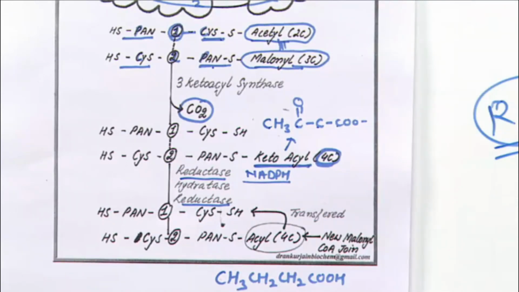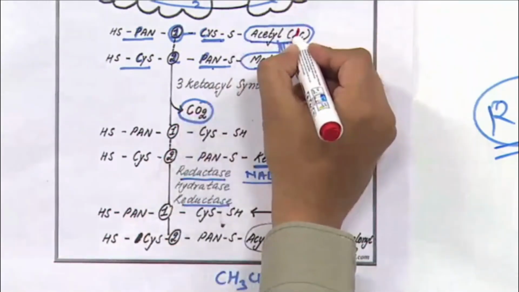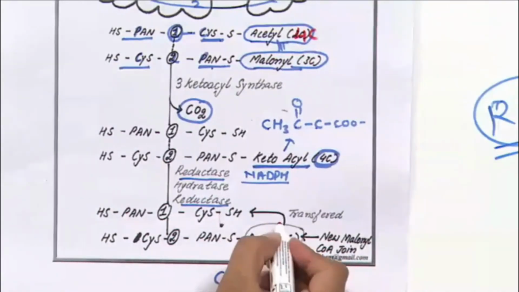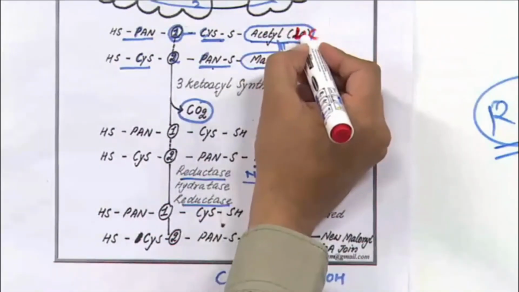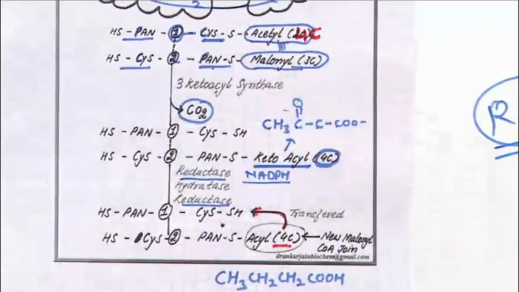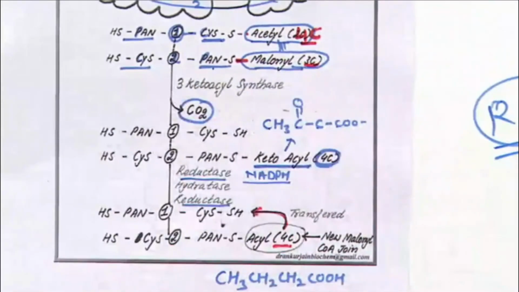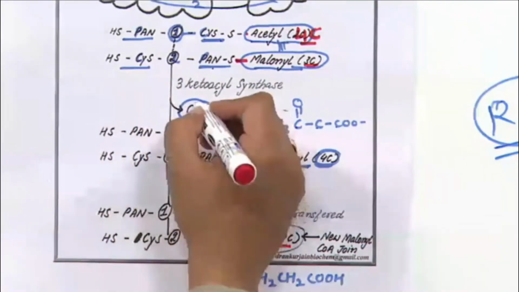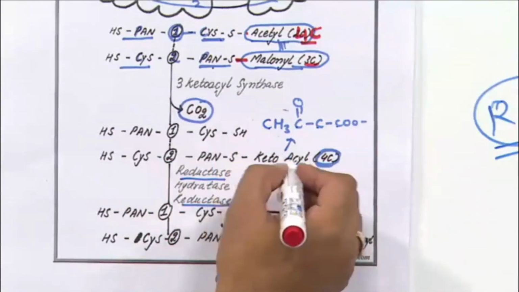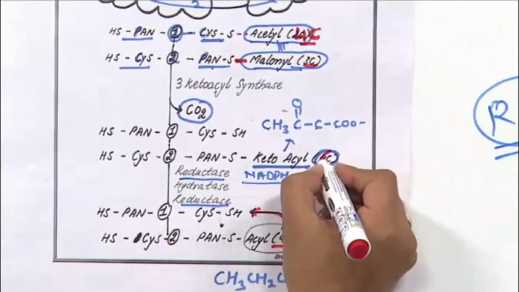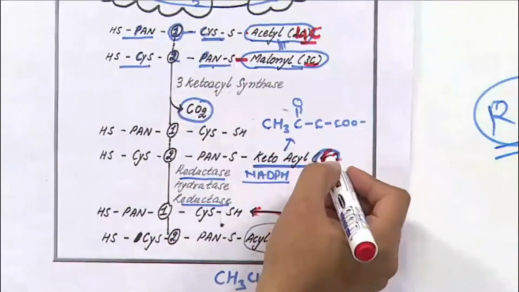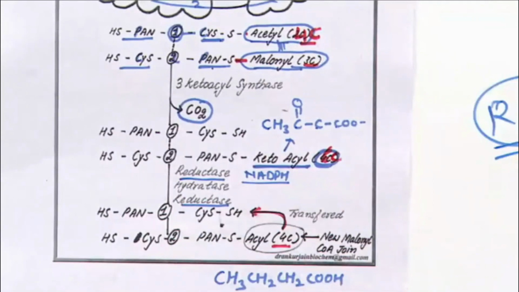Suppose we are to synthesize a 6 carbon fatty acid. The 4 carbon fatty acid, suppose butyric acid, is transferred to the cysteine end, and one more malonyl coenzyme A is joined to pan. 4 plus 3 is 7, condensation reaction occurs, CO2 is removed, and a 6 carbon ketoacyl compound is formed.